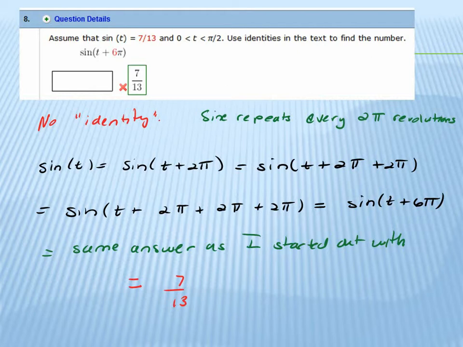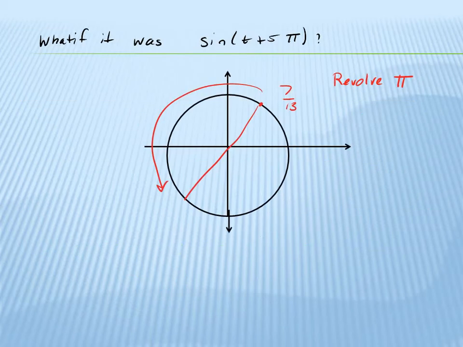And sometimes I get an idea after I do the problem. So I'm going to show you with the circle why that's true. So what if instead you had sine of t plus 5 pi, not sine of t plus 2 pi? Well, do revolutions of pi. Pi is 180 degrees. So start where you are and rotate half a turn. It takes you to the other side, the antipodal point.